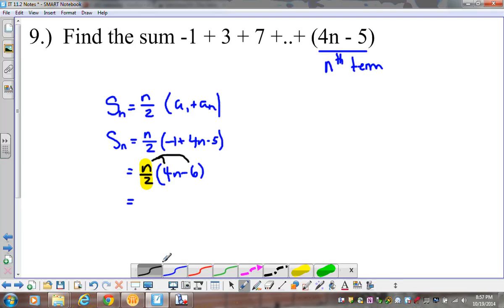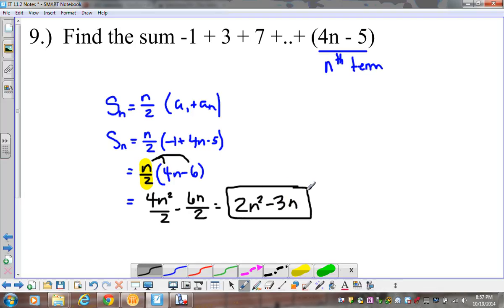n over 2 times 4n is going to give me 4n squared over 2, minus, if I distribute my n over 2 to the negative 6, negative 6n over 2. When I do that, I can simplify. 4 divided by 2 is 2, so this is going to be 2n squared minus 3n, and that is going to be the sum of my first n terms.